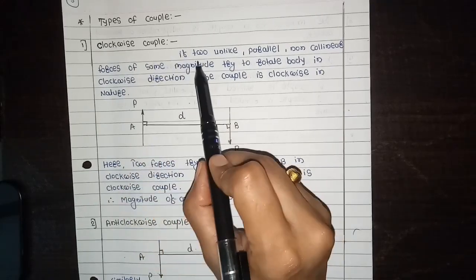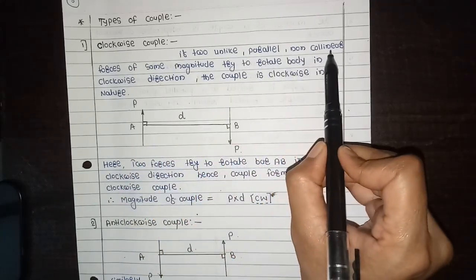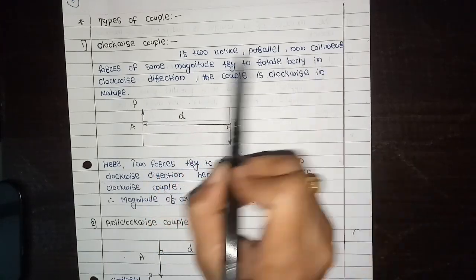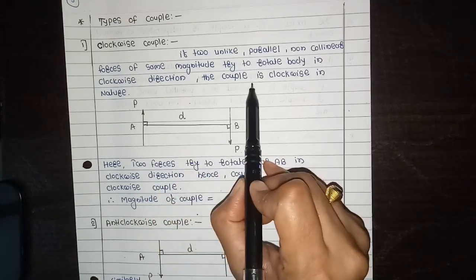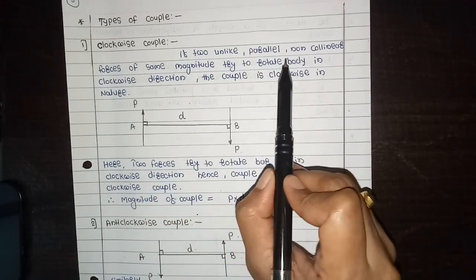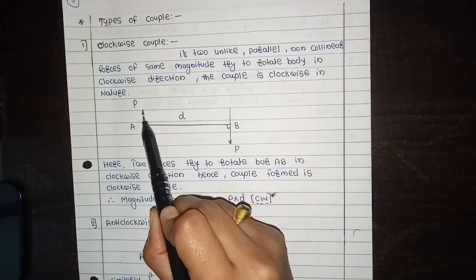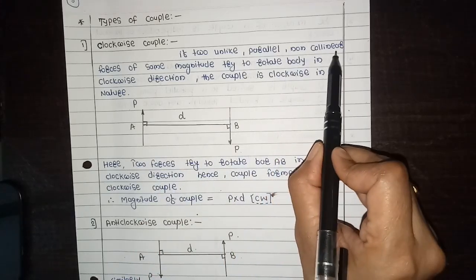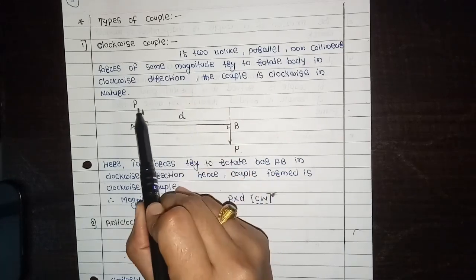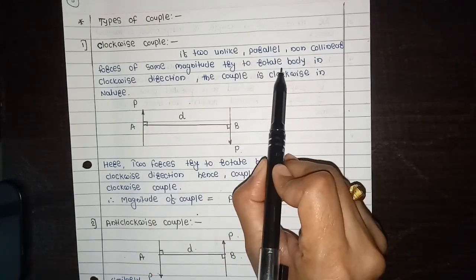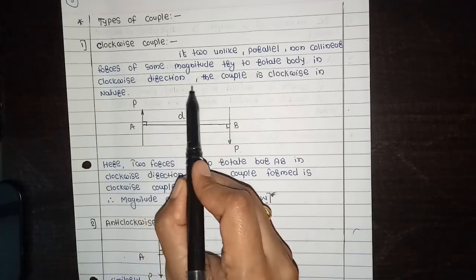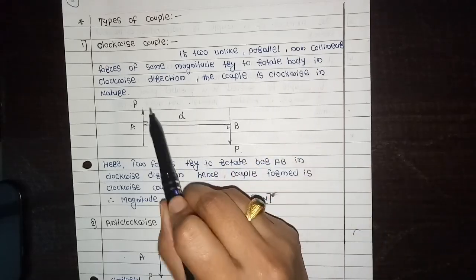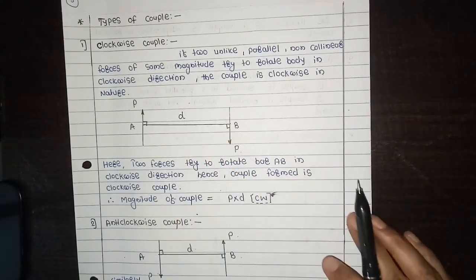Clockwise couple: if two unlike, parallel, non-collinear forces of same magnitude try to rotate the body in clockwise direction, the couple is known as clockwise in nature, called a clockwise couple.